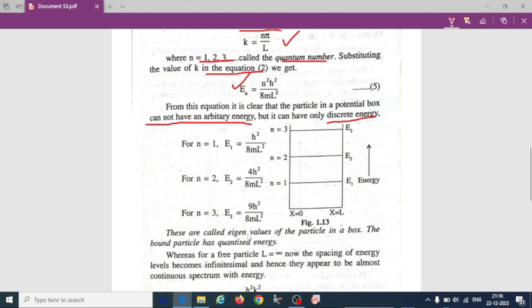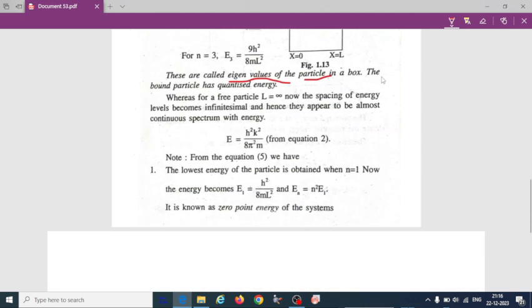So these are called eigenvalues of particle in a box. The bound particle has quantized energy. So according to Planck's theory, energy is discrete in nature.